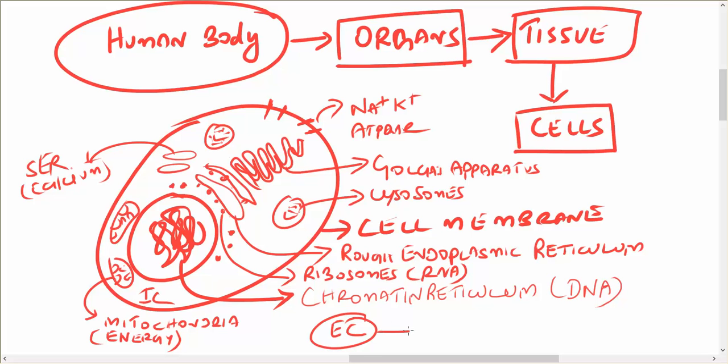In the extracellular environment, sodium is more and potassium is less, whereas inside, sodium is less and potassium is more. When you compare calcium, outside it is less but in the cell it is more, but it is all stored in the smooth endoplasmic reticulum and in the mitochondria.